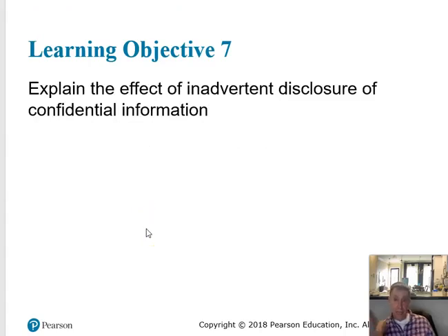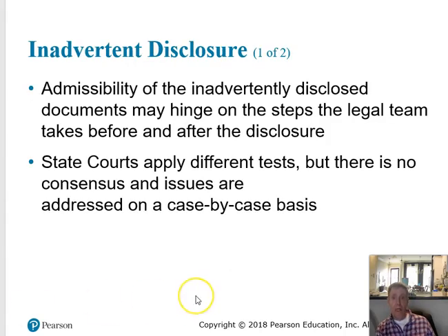Explain the effect of inadvertent disclosure of confidential information. I posted a great video from Alex Jones's trial when a whole lot of text messages were inadvertently handed over to the other side. Admissibility of the inadvertently disclosed documents may hinge on the steps the legal team takes before and after the disclosure. State courts apply different tests, but there is no consensus and issues are addressed on a case-by-case basis.